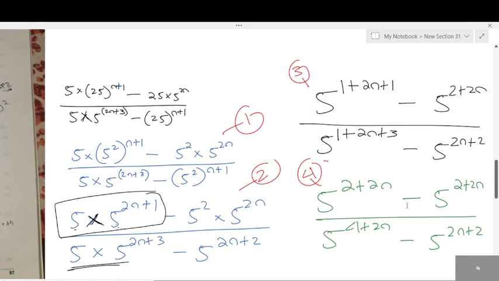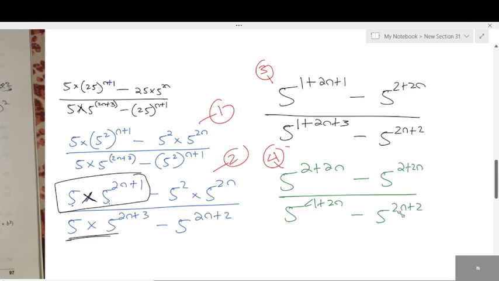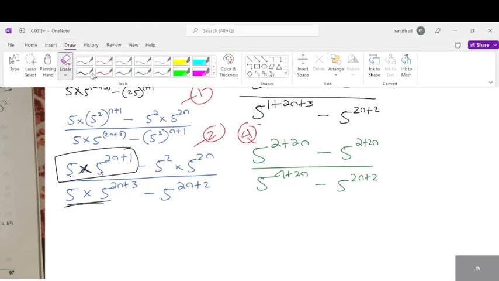Done? Okay, all of you will complete. Red ones are the steps. First step, second, third, and fourth.